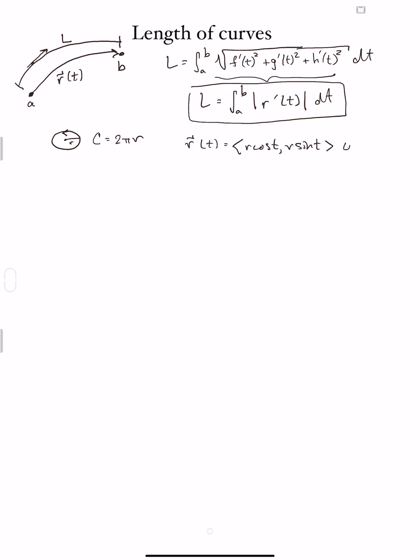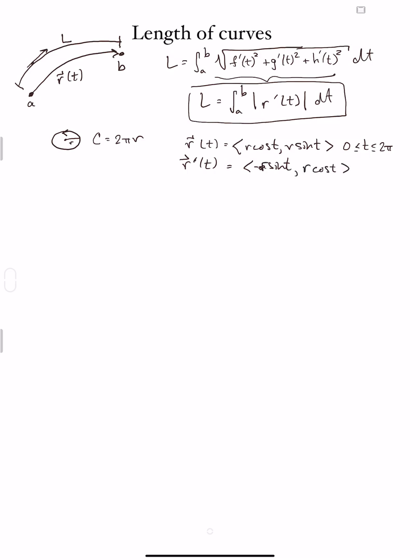If I allow the value of the parameter to go from 0 to 2 pi, I'll trace out a complete circle. I can also compute the derivative r prime here and find that it is minus r sine t, r cosine t.